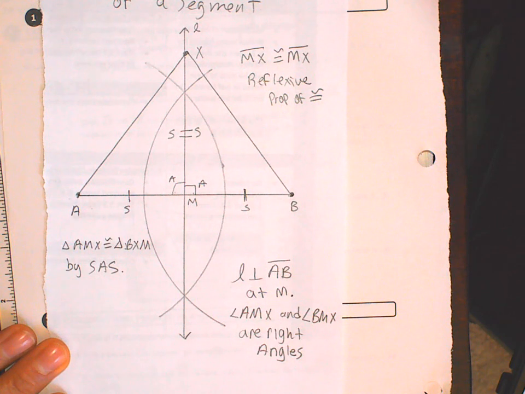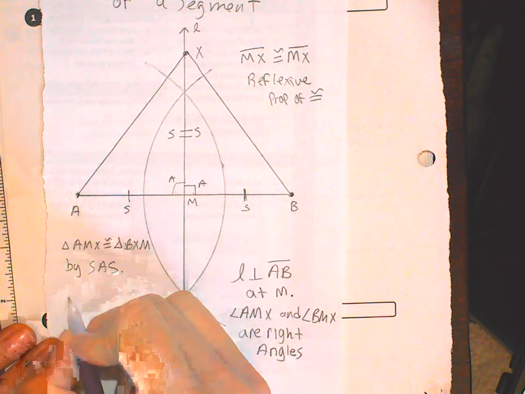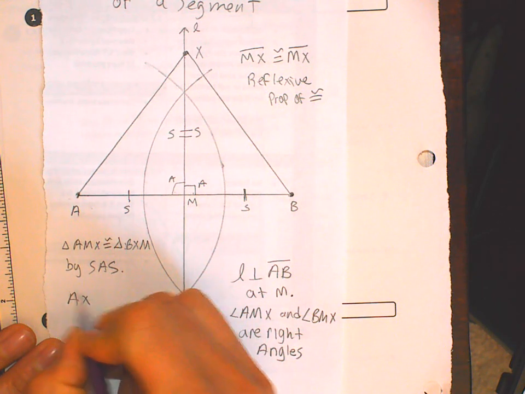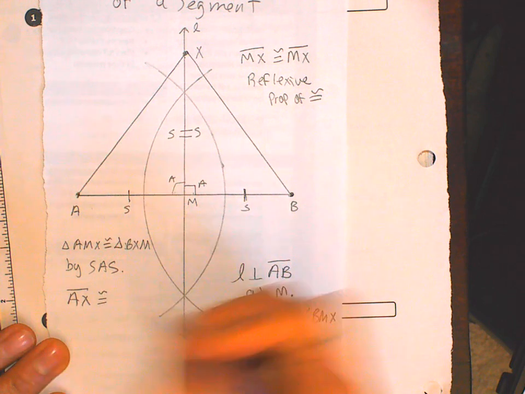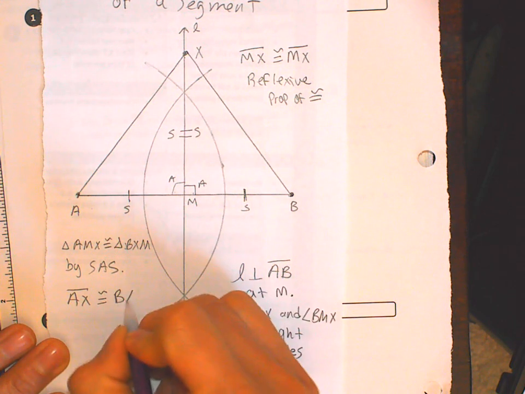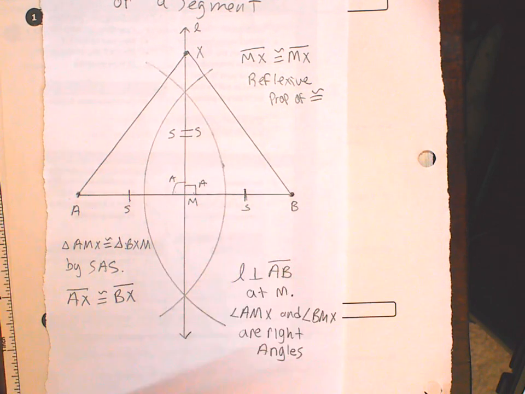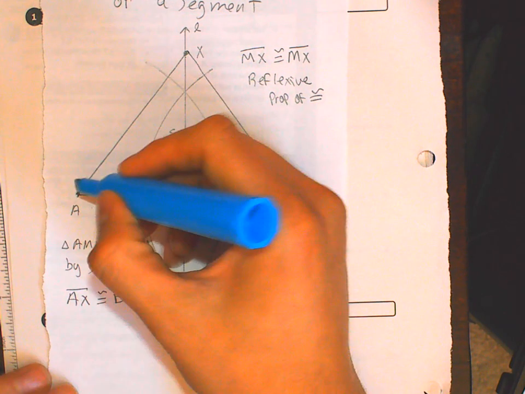Therefore, now you have a pair of segments that are congruent by CPCTC, which in this case is segment AX congruent to BX. Okay, so those two segments are going to be congruent.